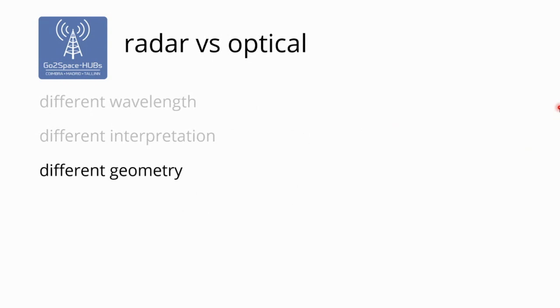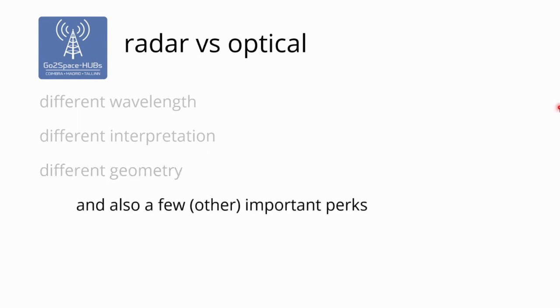And they also have different geometry of generation of this image, and all of that makes radar remote sensing quite difficult. I don't mean it's a scientifically difficult research problem, but there are some technical issues there. So it's quite challenging, I'd say.